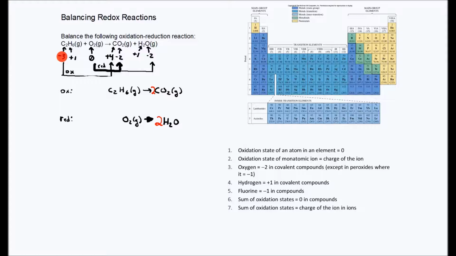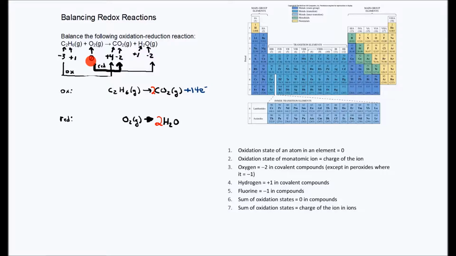So in the first reaction, I have each carbon in the oxidation going from -3 to +4. Each carbon atom is losing 7 electrons. So in total, with 2 atoms of carbon doing it, each one losing 7, I'm in total losing 14 electrons.